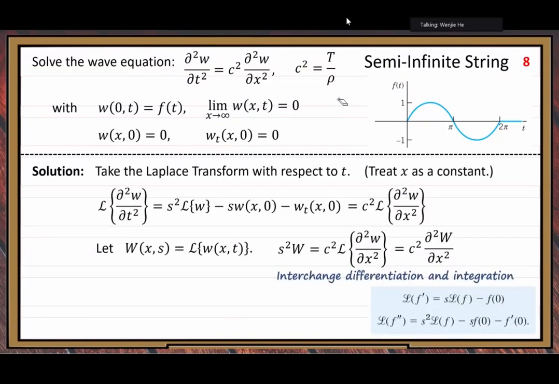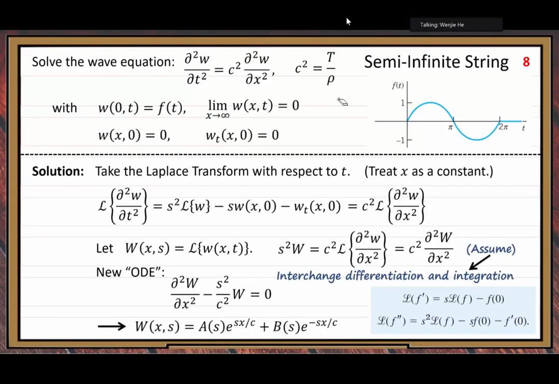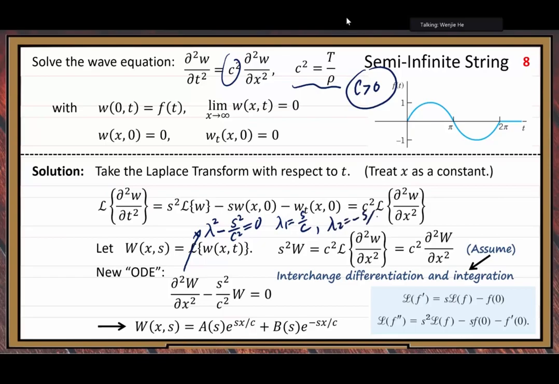To solve this ODE, the characteristic equation is lambda squared minus s squared over c squared equals 0. So lambda 1 equals s over c. Because this c comes from here, we assume c is positive. And lambda 2 equals negative s over c.